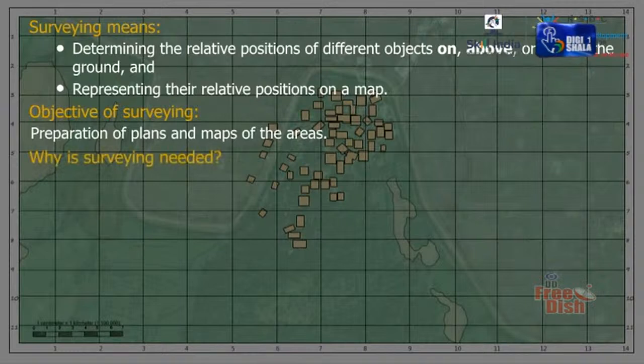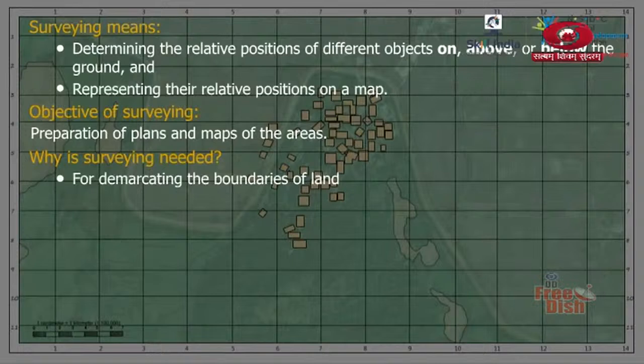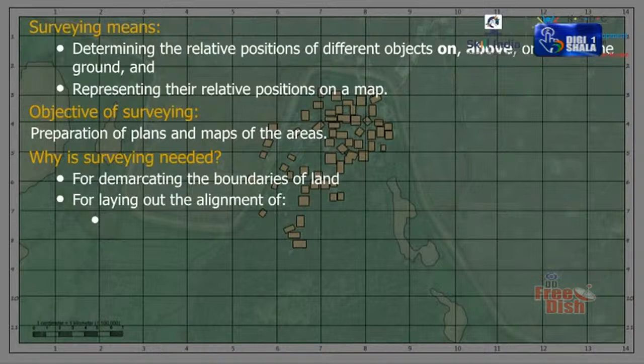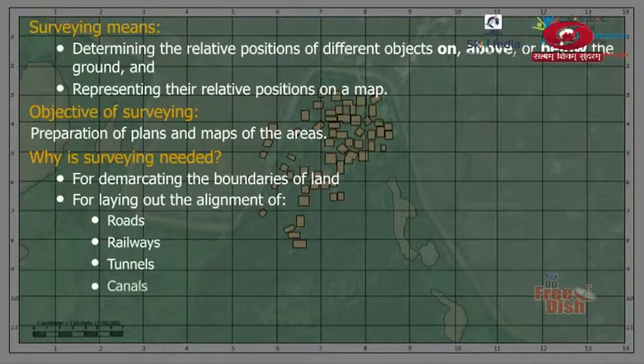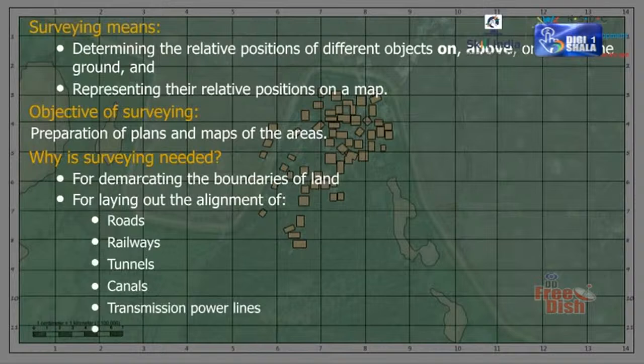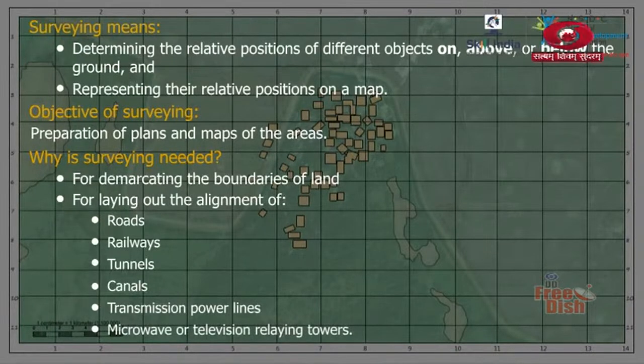These plans and maps are helpful for demarcating the boundaries of land, for laying out the alignment of roads, railways, tunnels, canals, transmission power lines, and microwave or television relaying towers.